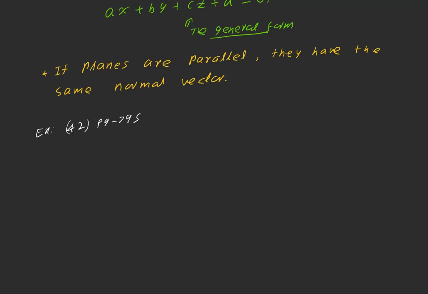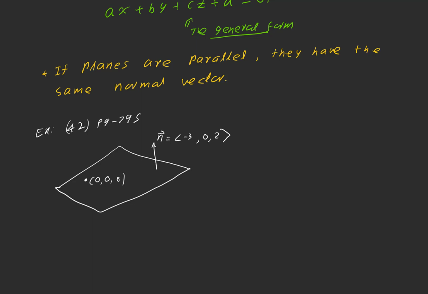Find an equation of the plane that passes through the point 0, 0, 0 and is perpendicular to n, where n is negative 3, 0, 2.